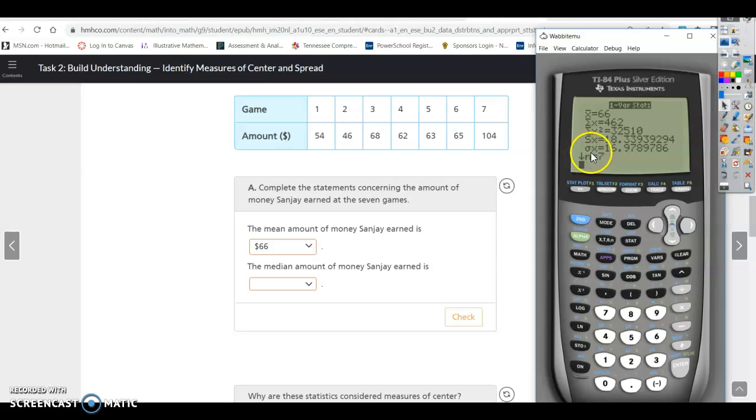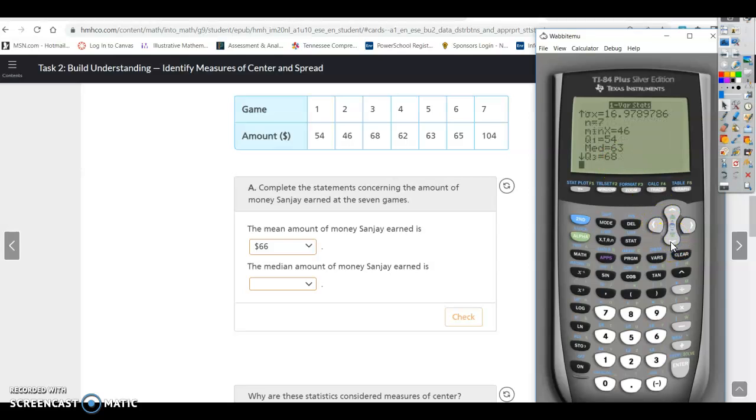I told you that I'd show you how to use your calculator to find that. So if it asks for standard deviation, that's the 16.9. You could probably round that up to 17 depending on how they want it. There was n numbers that we input: 1, 2, 3, 4, 5, 6, 7. n just represents the number. So the minimum is here. Q1 is here. The median is 63.